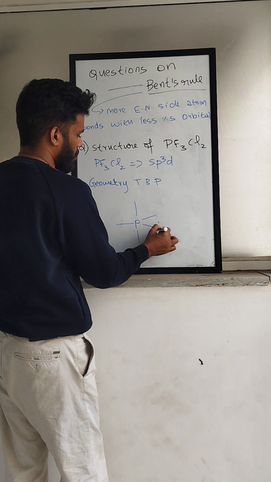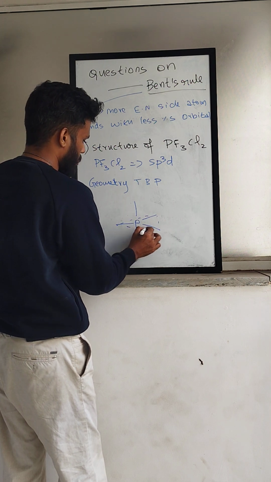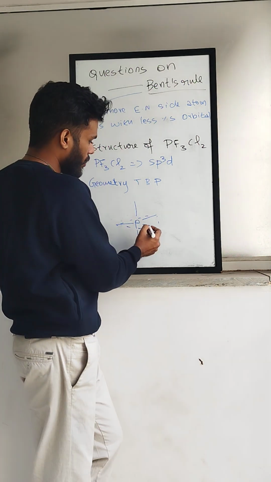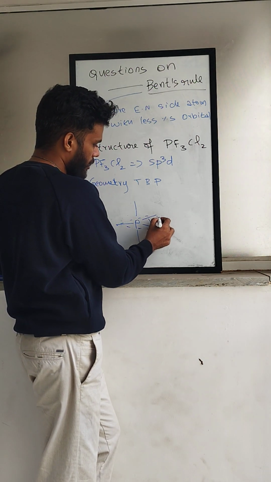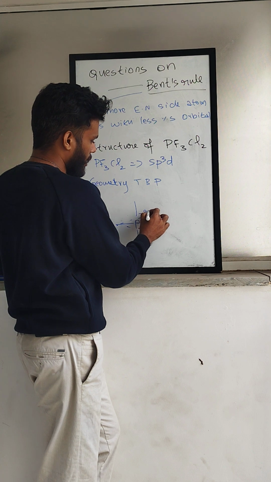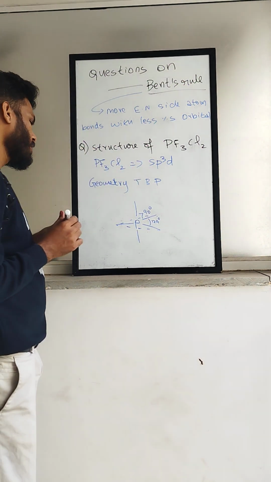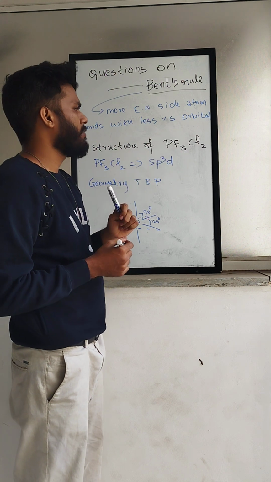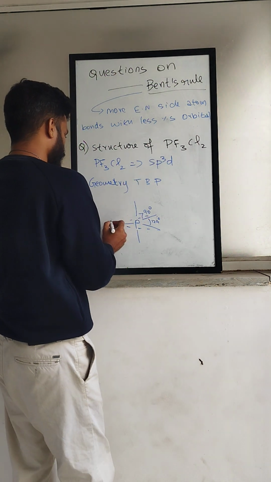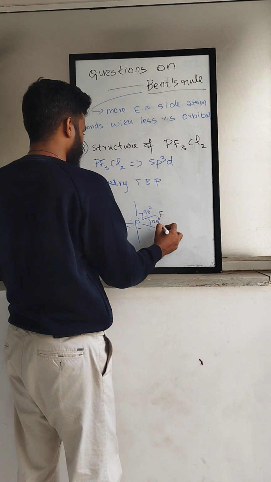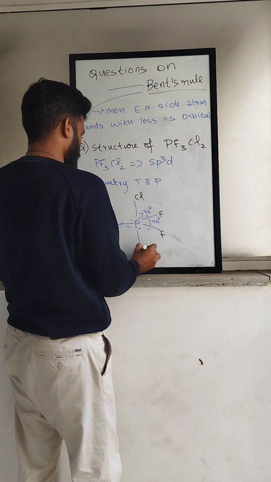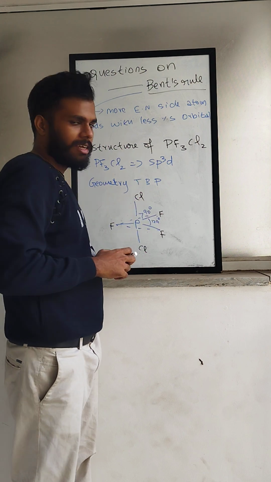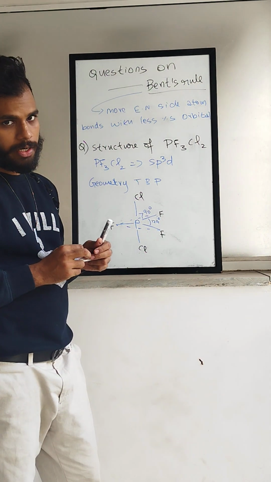So it will look like this: there is phosphorus, there are 5 orbitals, these 3 will be on the plane, and these 2 perpendicular to it. This angle will be 120 degrees, and this will be 90 degrees. Most students end up with an answer. They think, okay, 3 fluorine, 2 chlorine, so the first answer that will come to your mind is all 3 fluorines on the plane and 2 chlorines perpendicular to it.